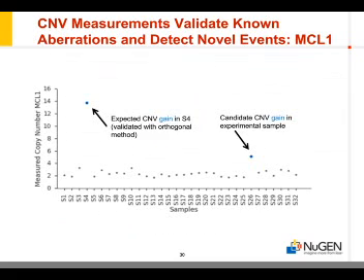So in this plot, each of the 32 samples is shown as a separate point along the x-axis, and the y-axis shows the copy number for the MCL1 gene as measured by the Ovation Target Enrichment System. As expected, we pick up a statistically significant gain of MCL1 in sample 4, colored in blue on the left, along with another statistically significant copy number gain of MCL1 in the experimental sample number 26.